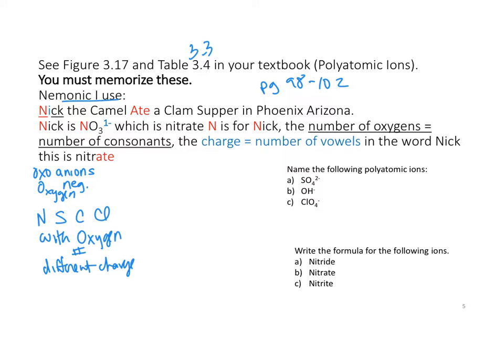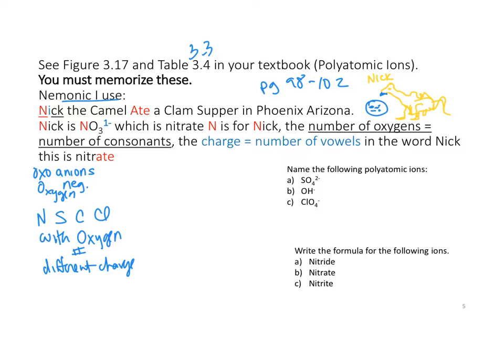So I just think about this camel named Nick, okay? So I'm going to try to draw a camel. Make my little hump. Does that look like a camel? Looks like a camel maybe squatting, okay? So this is my camel, and his name is Nick. And he is eating a clam supper.